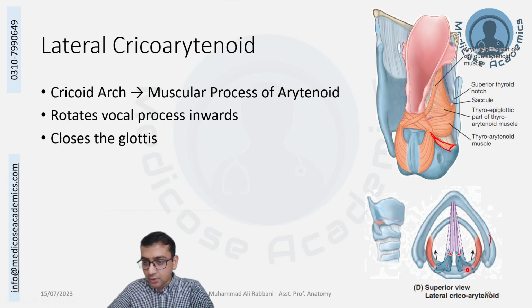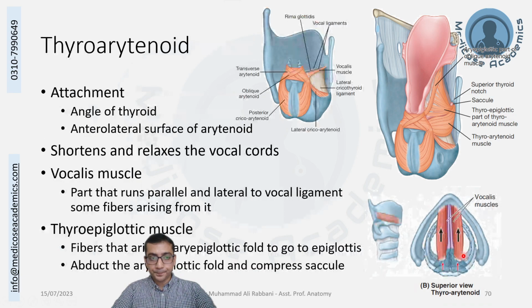It approaches the muscular process from the front. As it pulls the muscular process forward, the vocal process goes medially. It closes the diamond. It rotates the vocal processes, the vocal cords, near one another. It rotates the arytenoid cartilage along the vertical axis, and it closes the glottis. It is an adductor of the vocal cord.